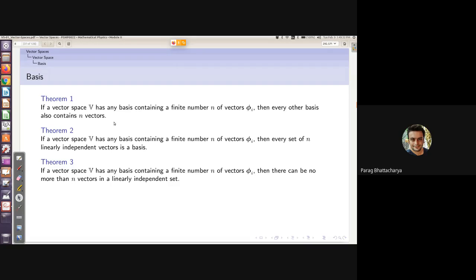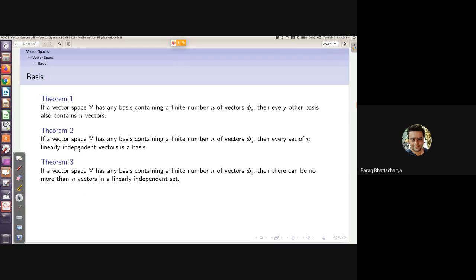This actually follows from theorem number 1 and theorem number 2. Theorem number 1 says that every basis contains exactly n vectors. Theorem number 2 says that every linearly independent set of n vectors is also a basis. The third theorem says that you cannot have more than n vectors in any linearly independent set. So those are the three theorems on basis.